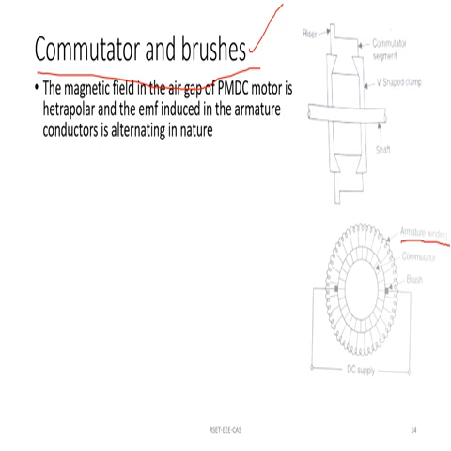So this is the external DC supply. Through the brushes, the DC supply reaches this point, and the commutator segments, which have the armature windings connected on them, will be energized through this external DC supply.